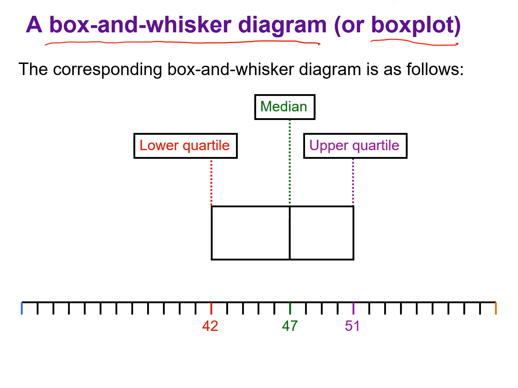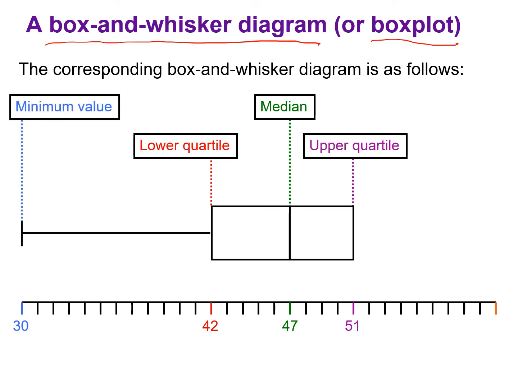Now the median, what you do is you draw the median as a vertical line within the box. Our median was 47, so that makes our box with the median in the middle. Now that's the box. I've said it's a box and whisker diagram, so let's see what the whiskers are all about. The whisker on the left-hand side goes right down to the minimum value.